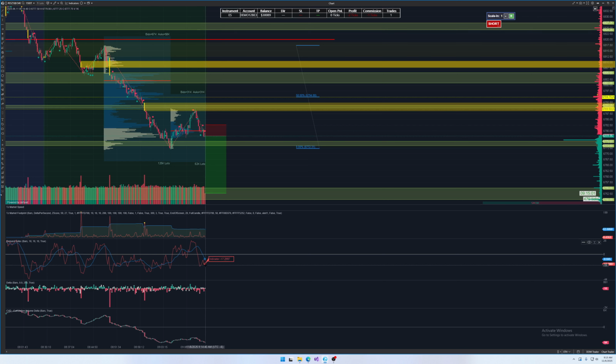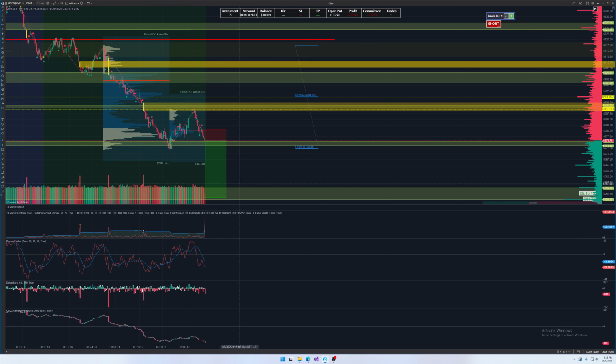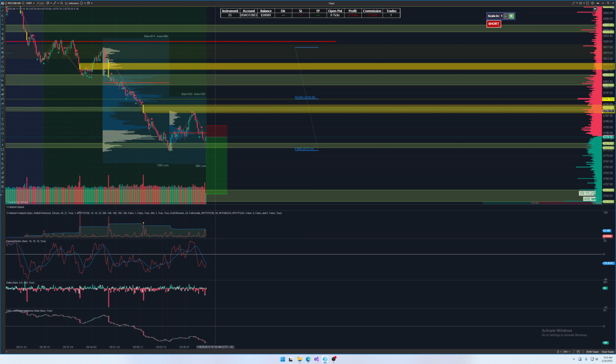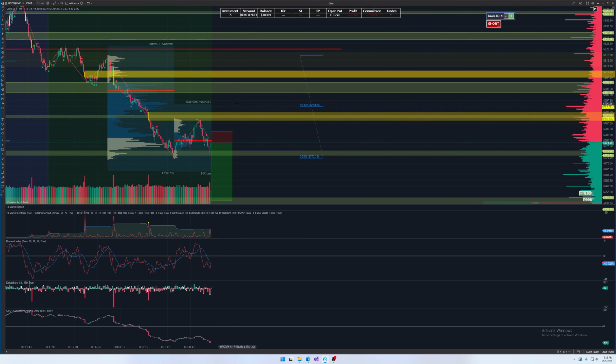Now it's another one. Let's see if that area is really an area of reaction, then the market will go back there. The market will push back there to get what it wants.